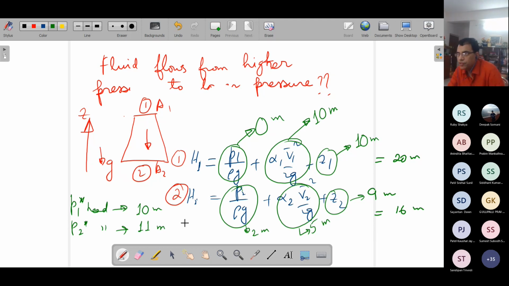So now I have defeated your possible argument by coming up with a situation where the piezometric head itself is such that fluid is flowing from lower piezometric head or lower piezometric pressure to higher piezometric pressure. So summarily, fluid flows from higher pressure to lower pressure, either this pressure or piezometric pressure. This need not be true for all cases.